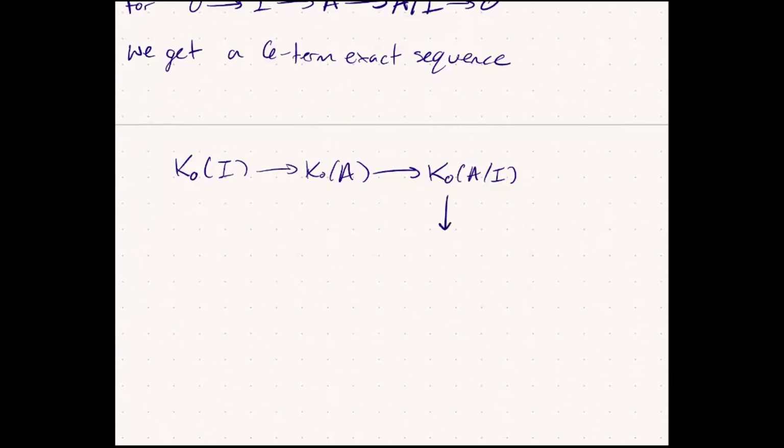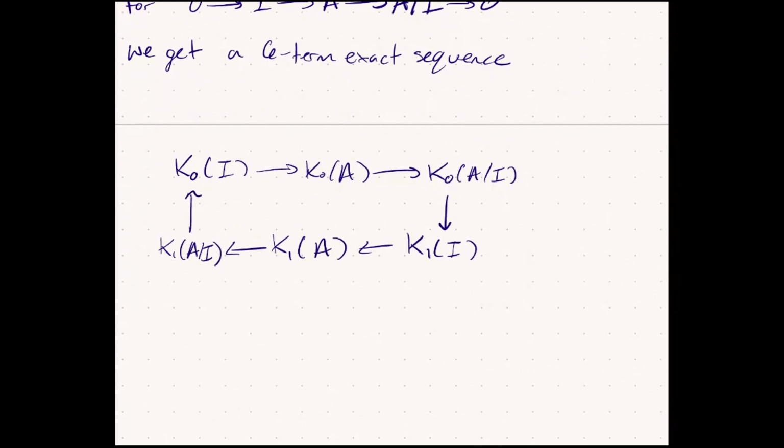And then the way that this gets written is like this. We go then to K1 of the ideal, then going into K1 of our C-star algebra A, and then K1 of our quotient. And then it wraps back around.